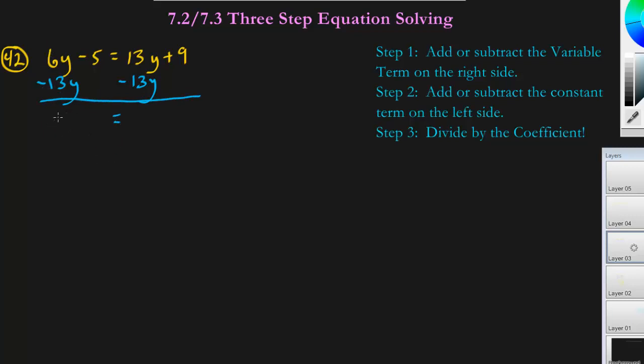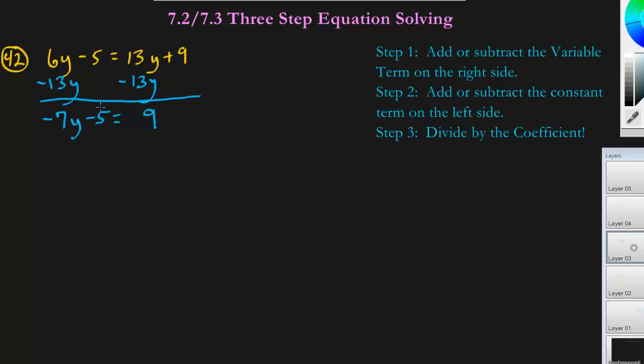6 minus 13y is negative 7y. 6 minus 13 is negative 7. How important those flashcards are. Bring down this minus 5. And on the right side, that's going to be plus 9. So I'm going to write 9 right there. Next, I'm going to add or subtract the constant term on the left side. Same as the other one.